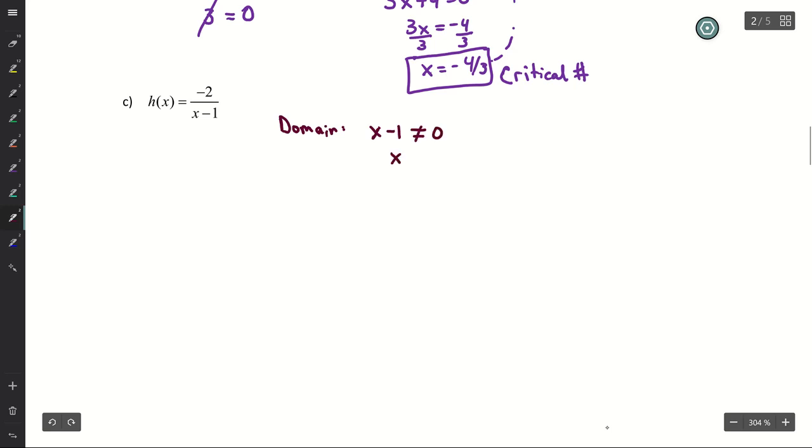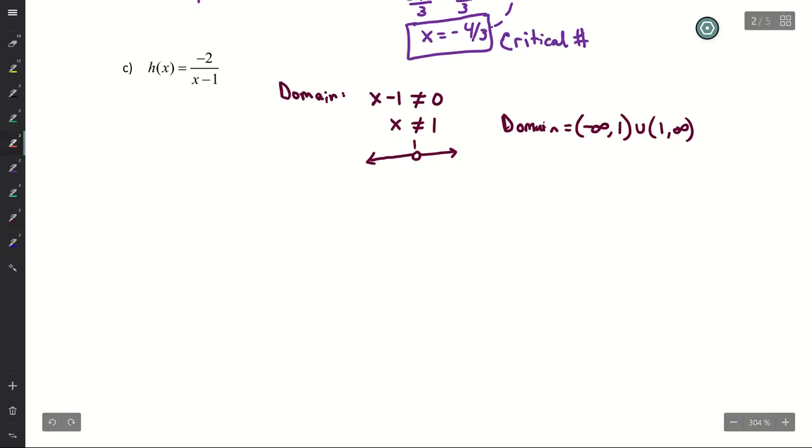That would mean if we solve, x could not equal 1. So we're essentially saying domain would be all real numbers except for 1. And to write that, we would say domain is equal to -infinity all the way up to 1, and then use a parenthesis to leave that out, and then union parenthesis 1 to infinity.